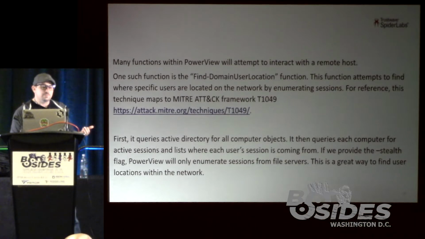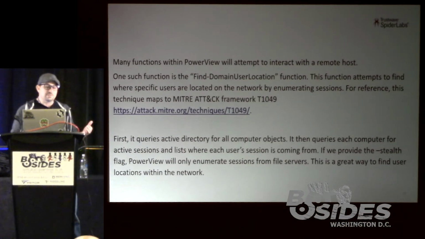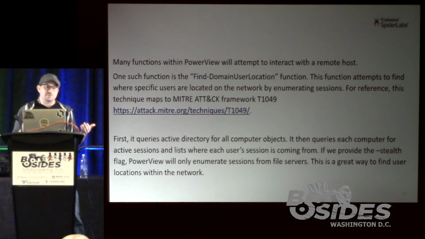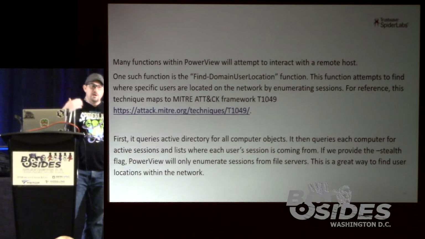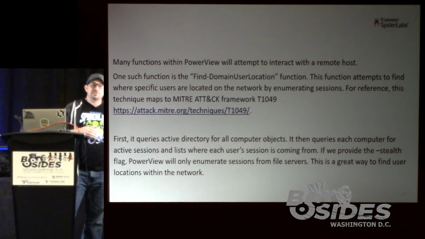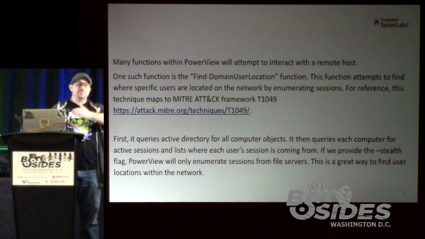One of the functions in PowerView is Find-DomainUserLocation. What this does is attempt to find a user's location on the network by enumerating sessions. So I log in and my home folder is mapped to the fake file server. If an adversary queries the fake file server for sessions, it's going to say, hey, Steve has a session from this computer.